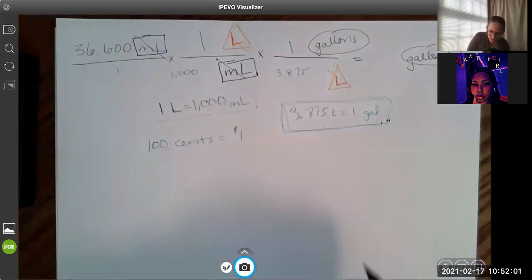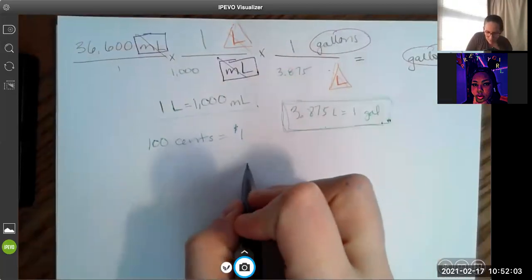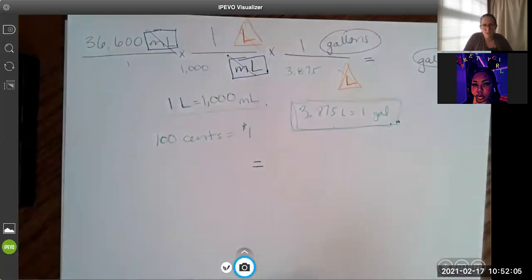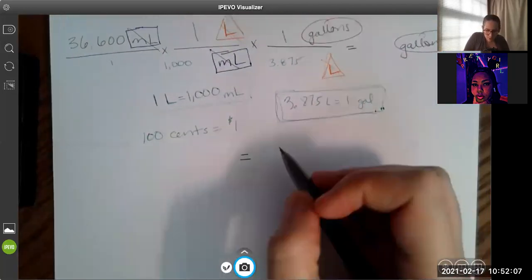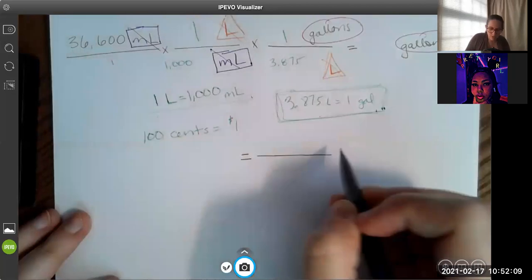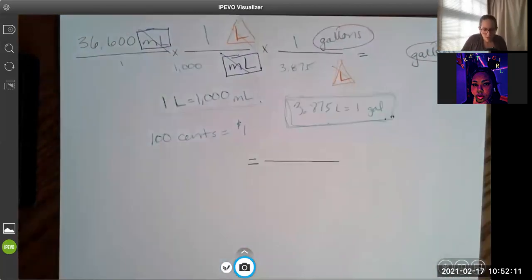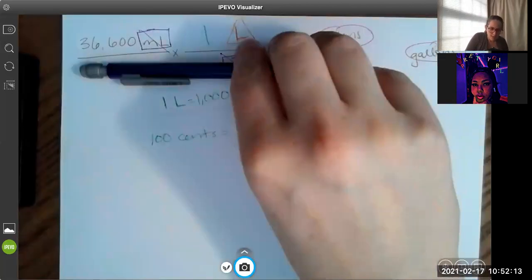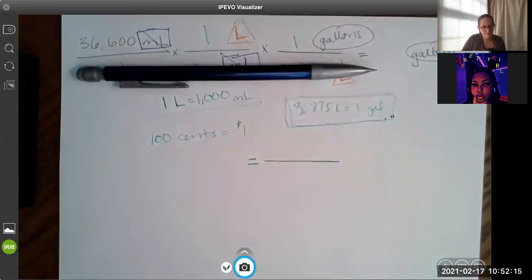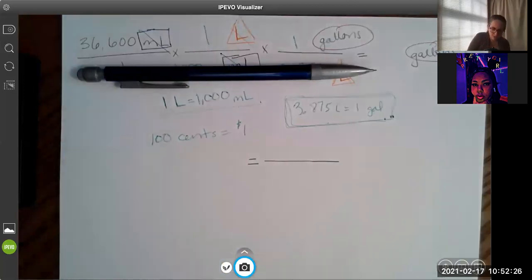We are almost there. I'm just going to give myself a little bit more space here. And if you would like, you can read these off or you can calculate them. What are the numbers on the top of your fraction? 36,600. 1, and the answer is going to be 36,600. There you go. Nice.